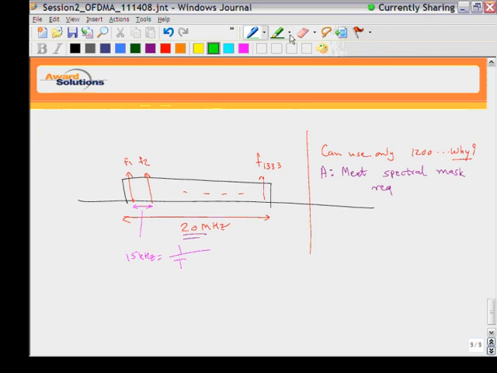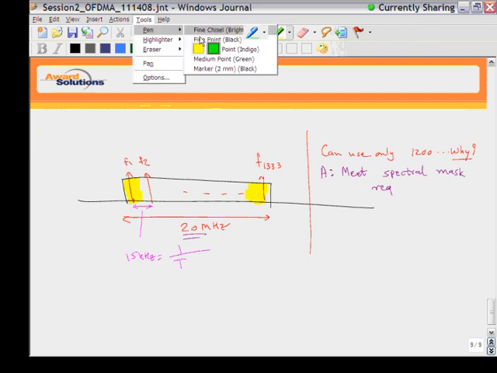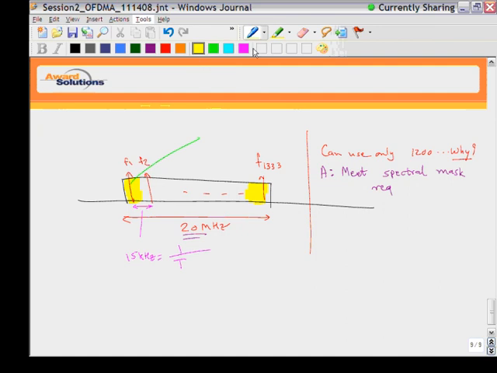So we will have some portion on the left side and some portion on the right-hand side. Let's expand this side a little. That spectrum is nothing but the guard.